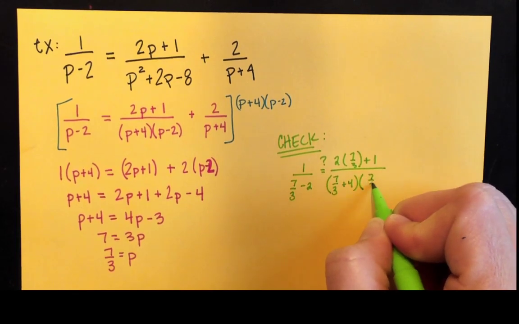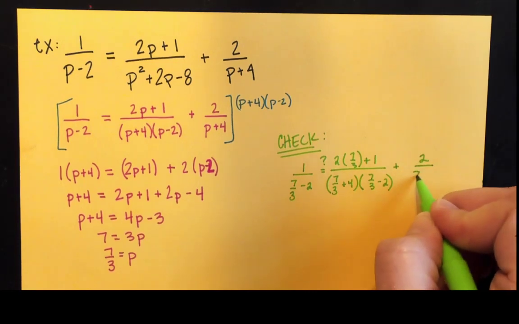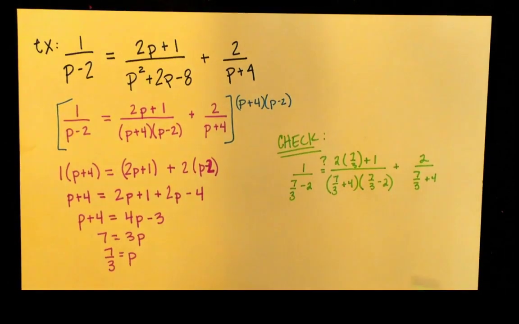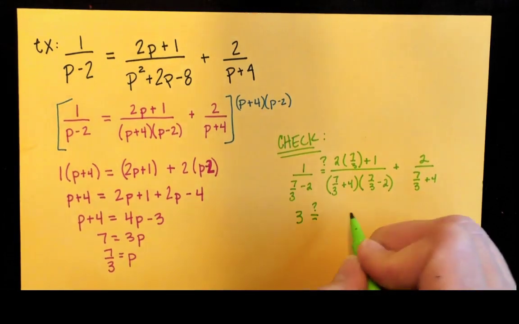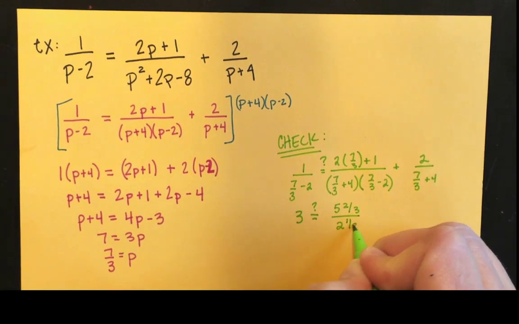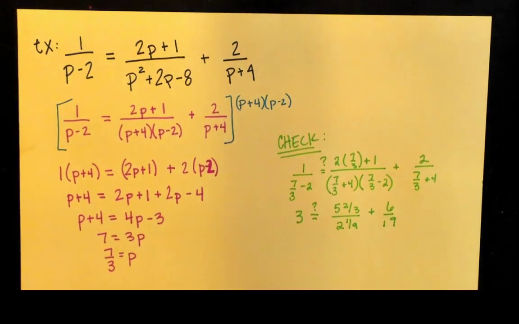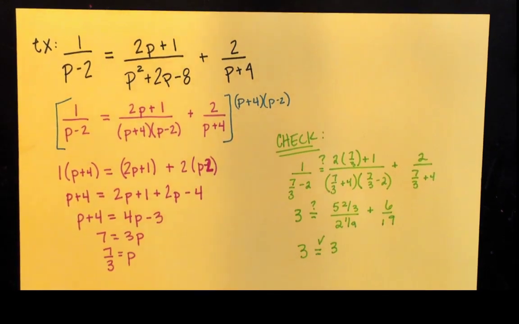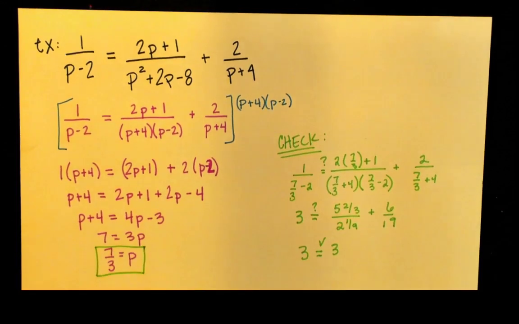I have the 7/3 minus 2 in the denominator. All in the calculator, I find out this is 3. And this guy comes out to be 2/3 over 2 1/9 plus 6 over 19. This ends up being 3 equals 3. Again, all I did was do it all in the calculator. So this is my solution.